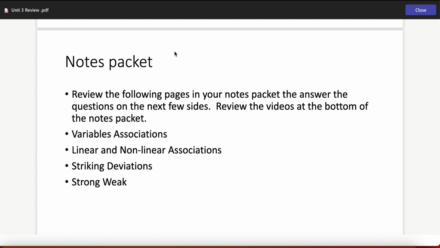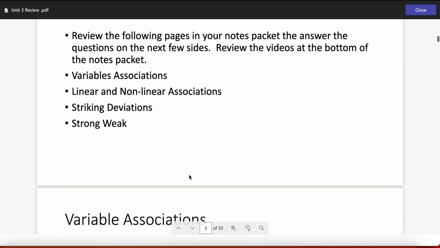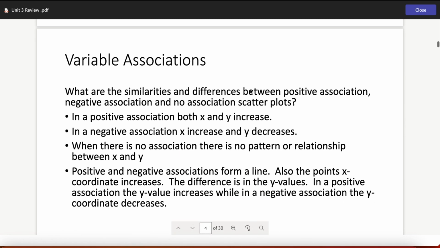The topics that we're covering will be variables, associations, linear and nonlinear associations, striking deviations, and strong and weak correlations or associations.